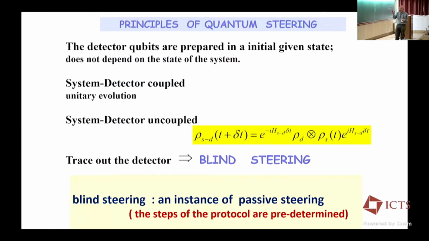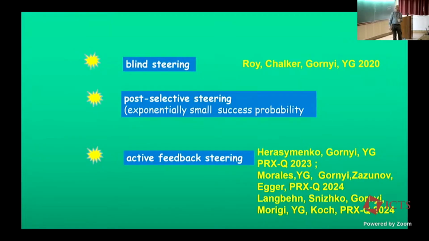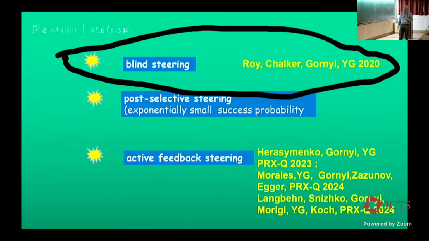So such a class of steering protocols is one out of three paradigmatic classes, which are listed here. We have post-selective steering, and we have a very clever active feedback steering. Today, I will not touch these. I will focus on the stupid protocol, the blind steering or passive steering.